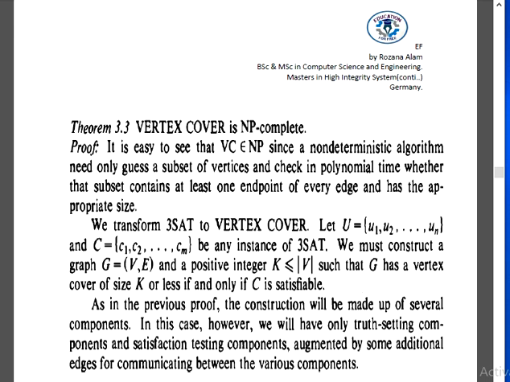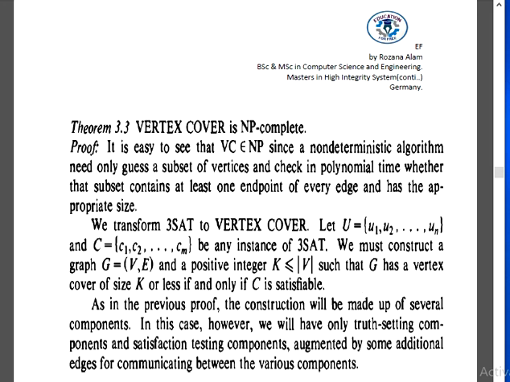Next is the reduction. We know that there is a transformation: we can transform 3-SAT to vertex cover, and that confirms that the vertex cover problem is NP complete. For that, we need to do certain steps. Let's say we have an instance of 3-SAT with variables U equals u1, u2, up to un, or x1, x2, up to xn, and clauses c1, c2, up to cm.